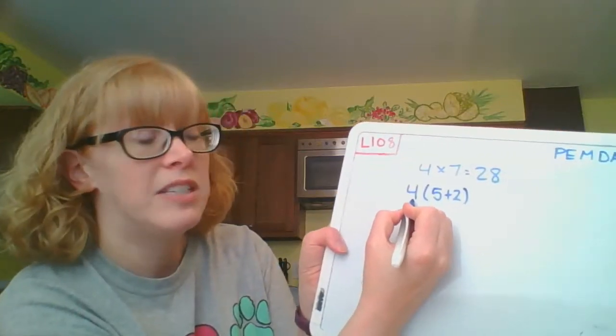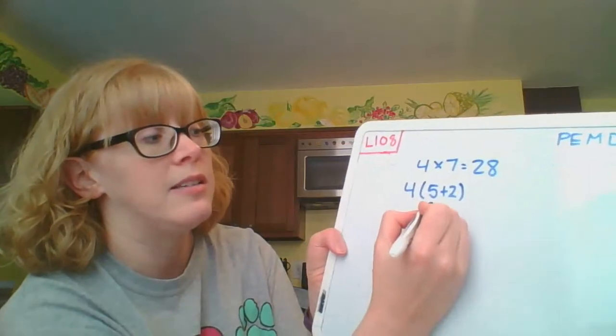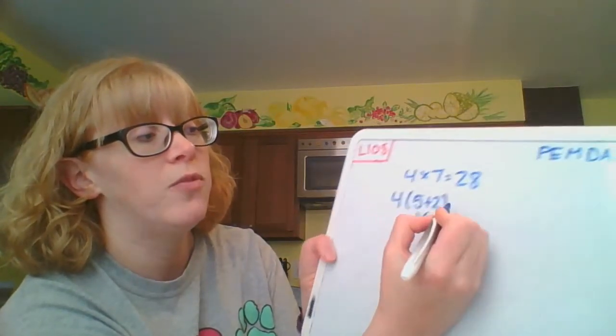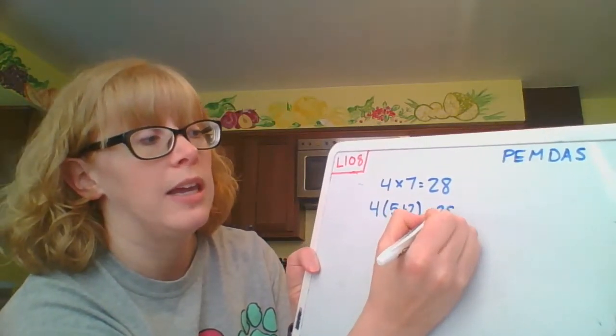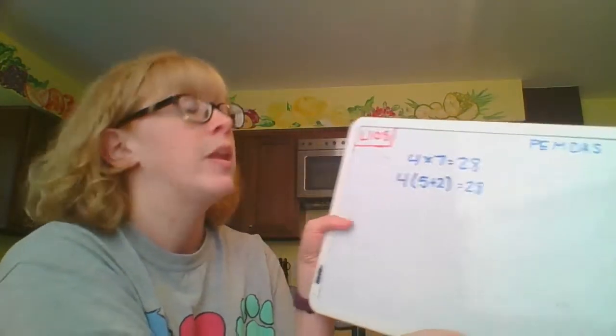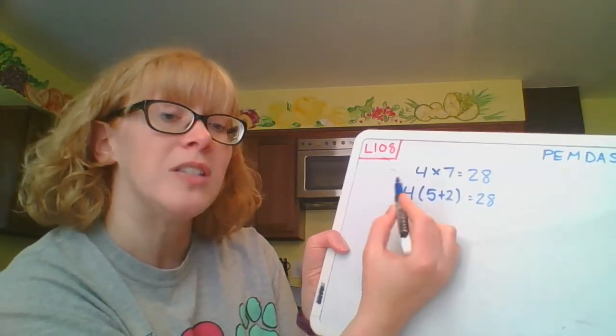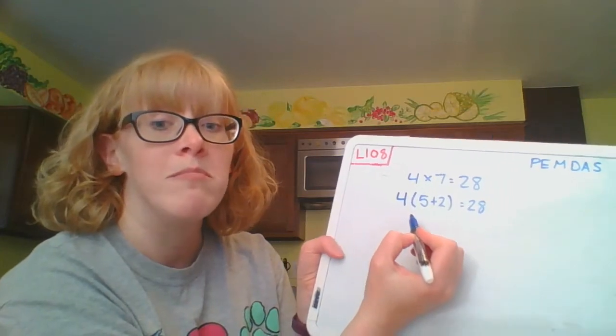So this is still asking me 4 times 7, because if I did PEMDAS, parentheses, 7 times 4, still going to equal 28. This is the same exact problem. It's just written differently. So now, instead of doing my parentheses first, I am going to do my multiplying first.